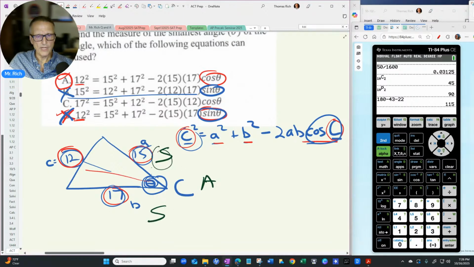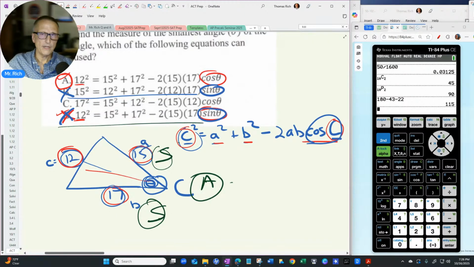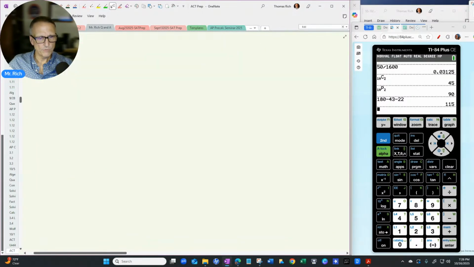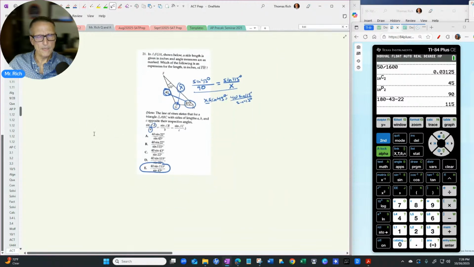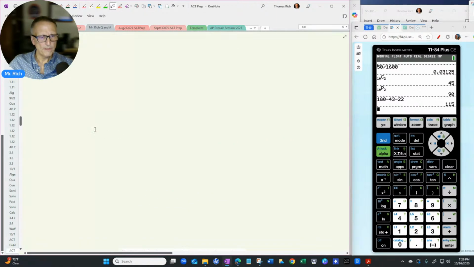I know two sides and then the angle in between them is known, or I'm trying to find that angle. And if that's the case, side angle side here, then you'd be using the law of cosines and not the law of sines. So that's just kind of a general rule there. All right, so be sure to review those formulas on a formula sheet: law of sines, law of cosines.